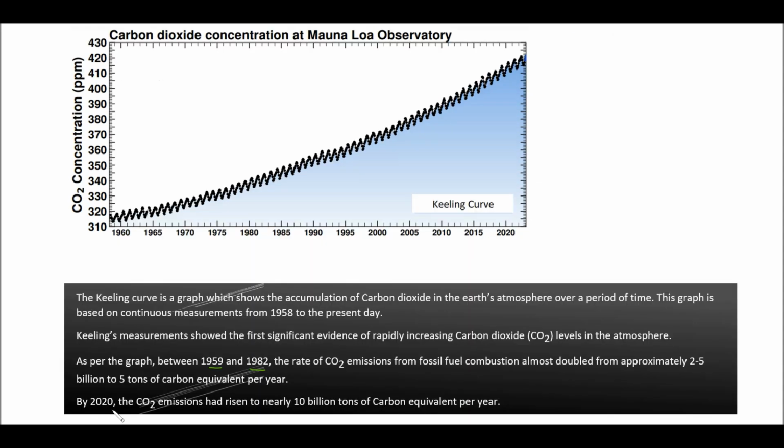And by 2020, the CO2 emissions had risen to nearly 10 billion tons of carbon equivalent per year. So as you can see, the increase happened from 2 to 5 billion tons between 1959 and 1982, and now in 2020 it has gone to 10 billion tons of carbon equivalent per year.